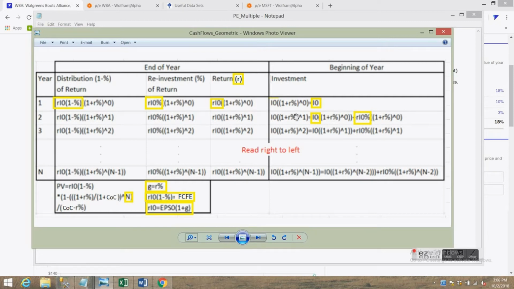Now, I want to point out that this growth factor is based on a static R, meaning the R will stay the same during the N years that we're looking at, and also the % will stay the same. So the growth is fixed during this N period.